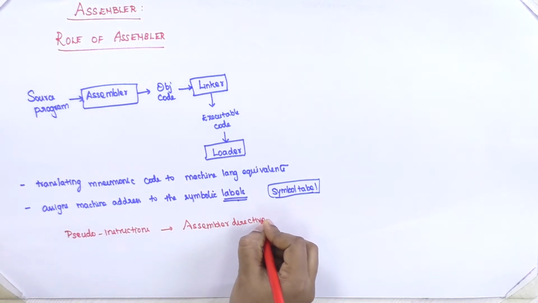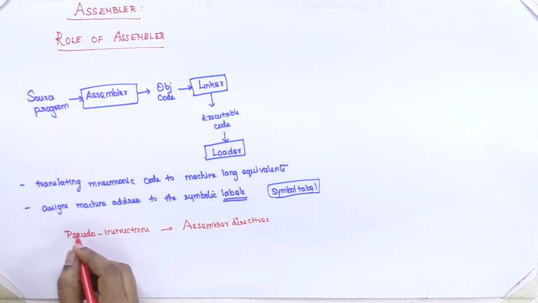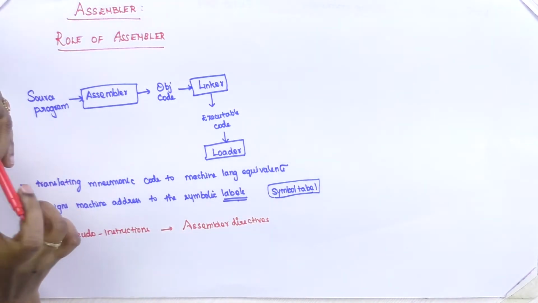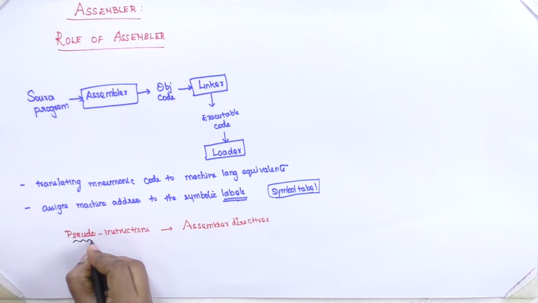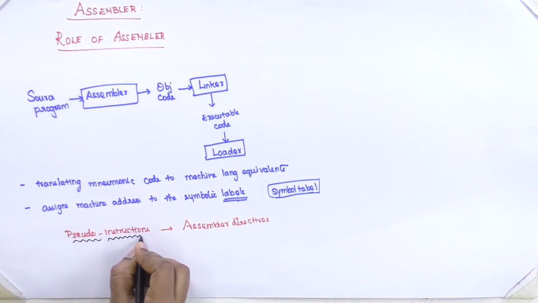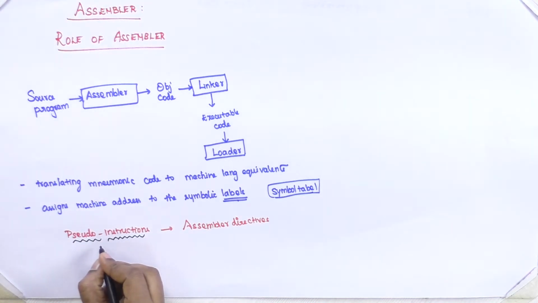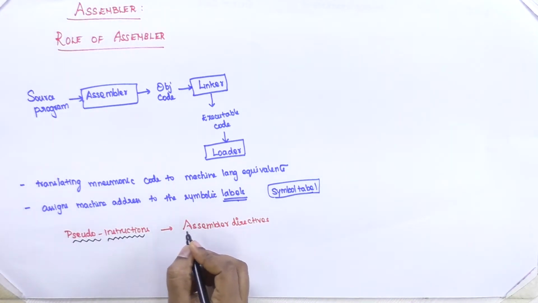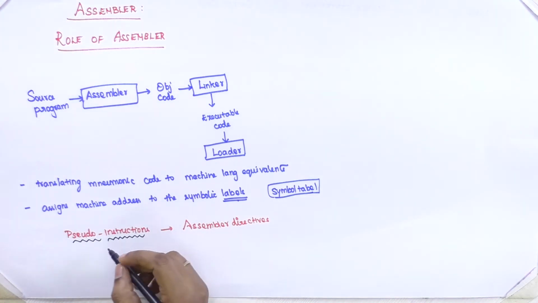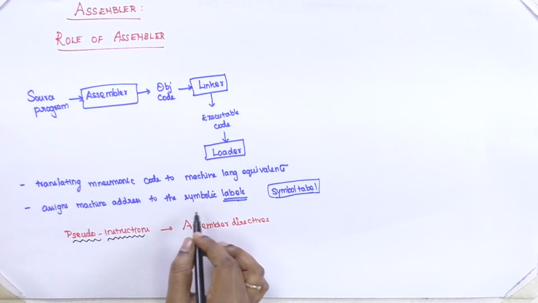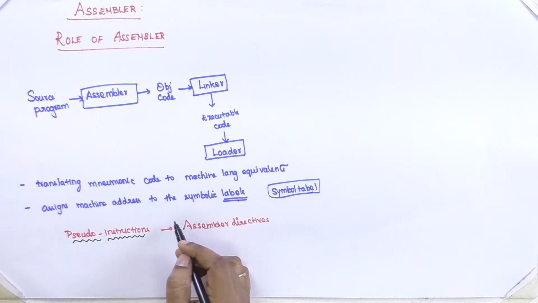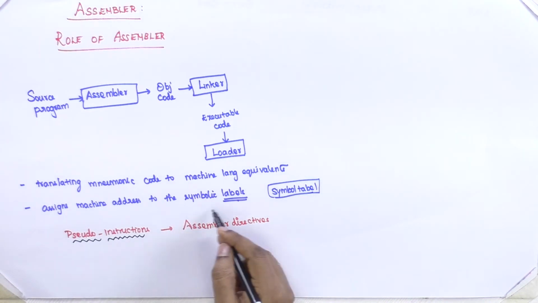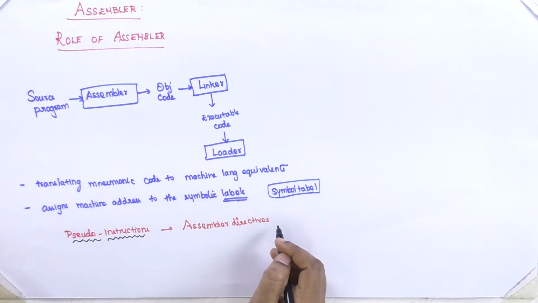These assembler directives, these pseudo instructions, are not translated into machine instructions. They are meant for performing some functions of the assembler, that is, they provide information to the assembler. That is the main purpose of our assembler directives. So the instructions containing assembler directives will not be converted to object code.